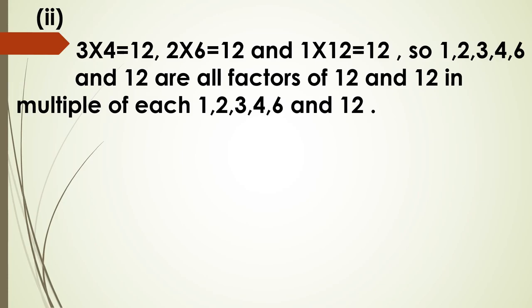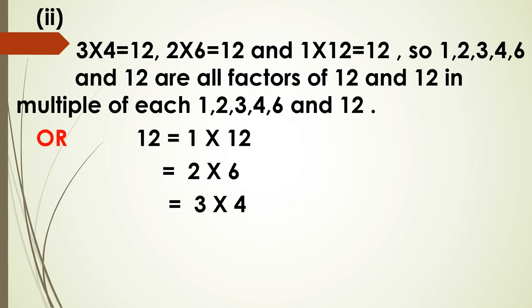Now see one more way to find the factors, because this method you have done in 4th class also and 5th class also. That's why I am telling you, by this method you can understand easily. Here we are finding the factors of 12.